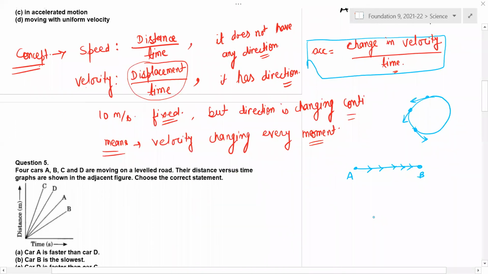If you want to take a turn, you will always be trying to keep your direction changing, no? If you don't take a turn, what will happen? You will be going in a straight line. So to change your direction, you always have to put in effort. Without putting in effort, can you change your direction? No, sir. Is it clear?